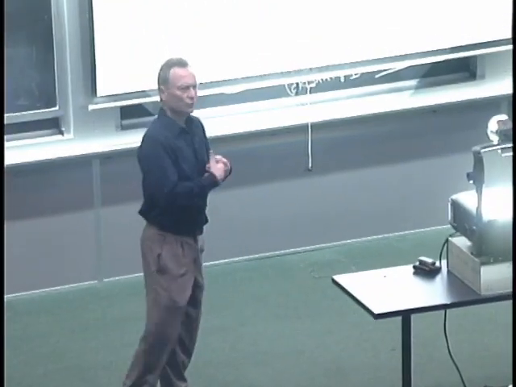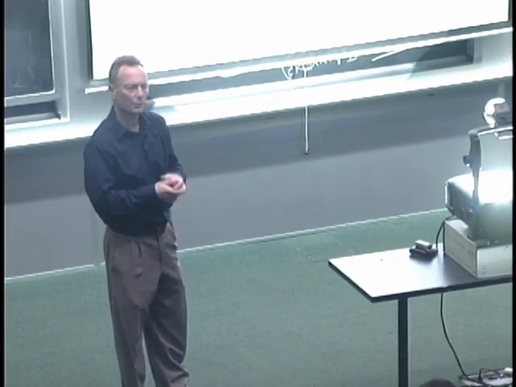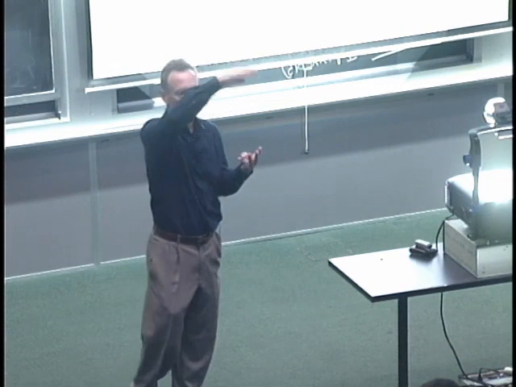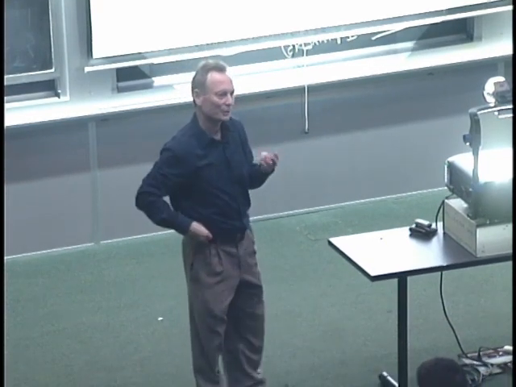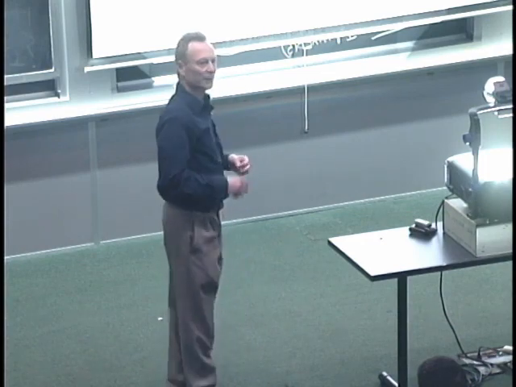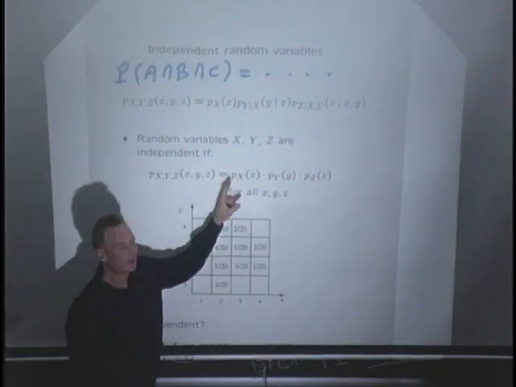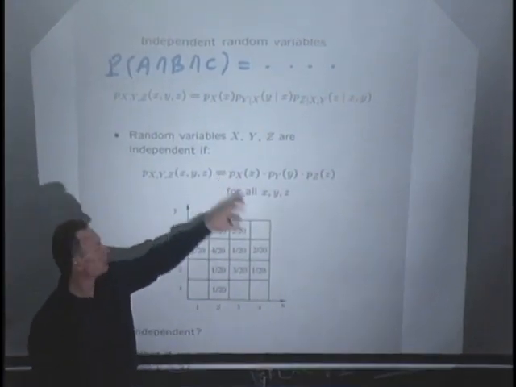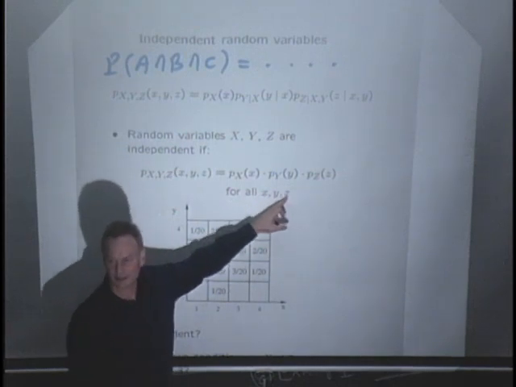Okay, so with three events, we had to write a huge number of equalities that had to hold. How can it be that with random variables we can only manage with one equality? Well, the catch is that this is not really just one equality. We require this to be true for every little x, y, and z.